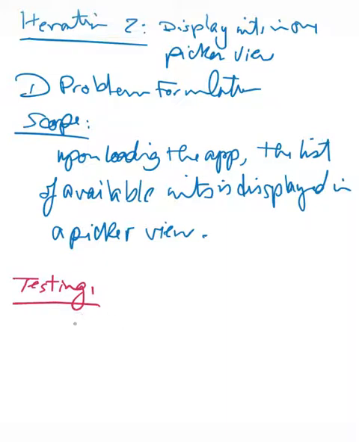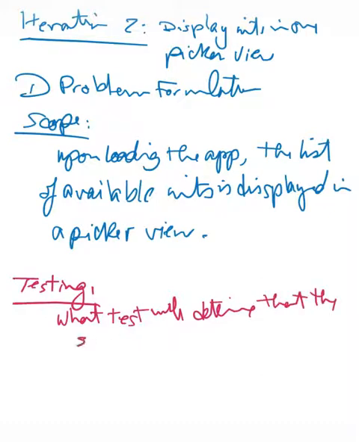So in the testing part of the problem formulation, and hopefully starting from now we keep adding this with us, is what test will determine that the solution meets the scope. Sometimes, depending on the scope, there would be more than one test.